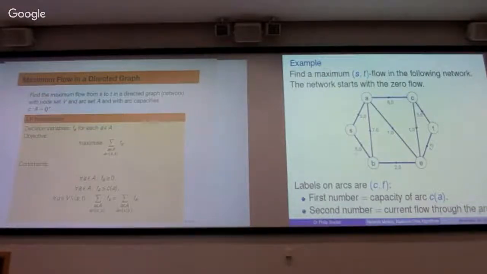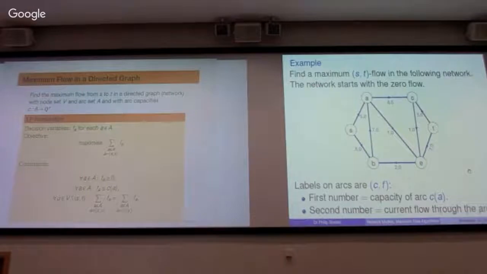And a flow, which many people didn't quite get right in their assignment, is not just a number, but one number sitting on every arc. So in this case, the second green number after the comma is saying that the flow is 0 everywhere. It's kind of a boring flow, but it's a possible flow.